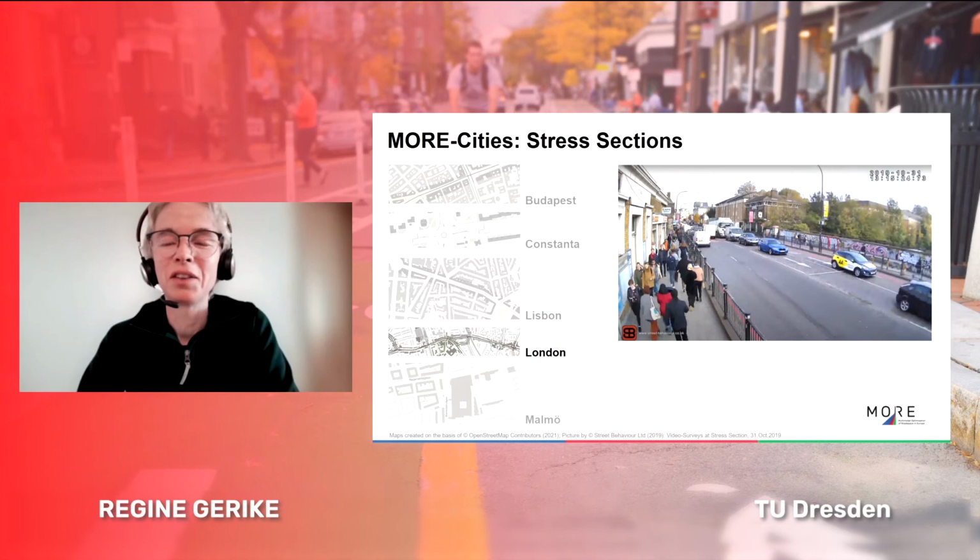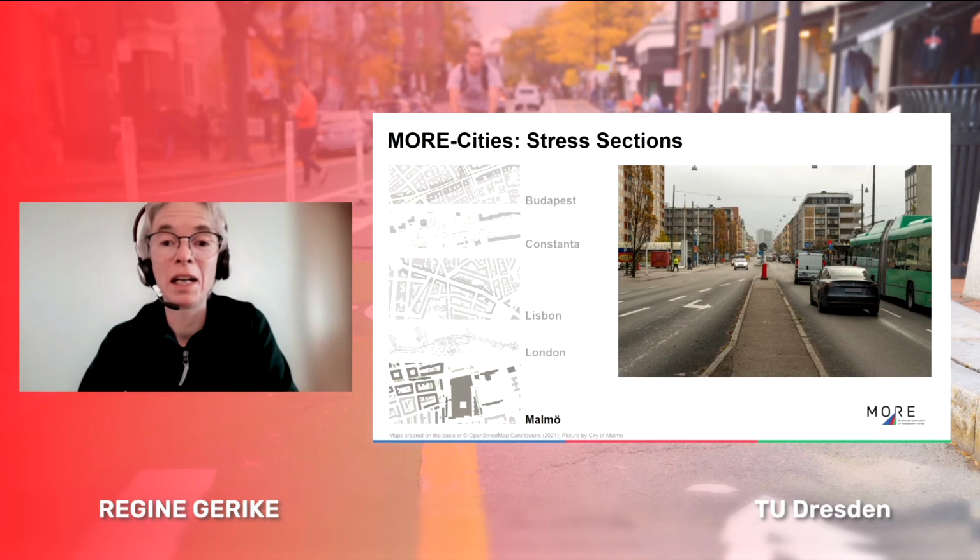Then for Lisbon, you know this picture already. In London, the street section is the next one. So you see here again the different place and street and movement user groups. And then the last one is Malmö. And in Malmö, we had a special situation that the Malmö team worked for the design packages for a street that is not yet there.